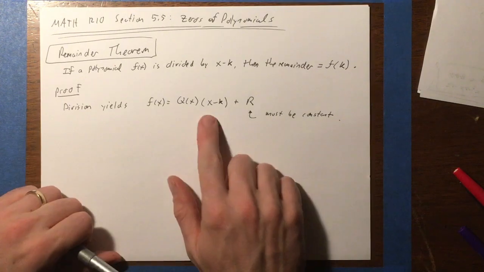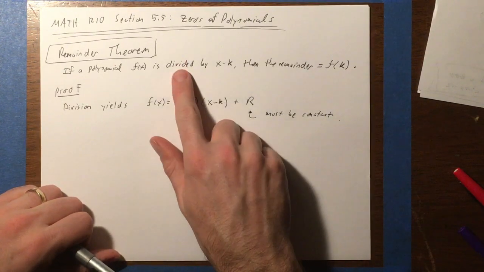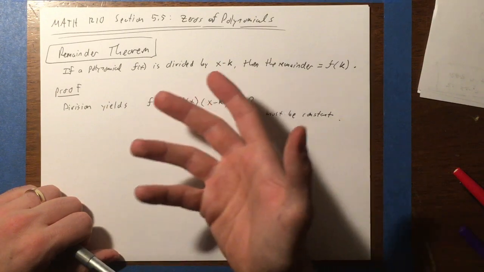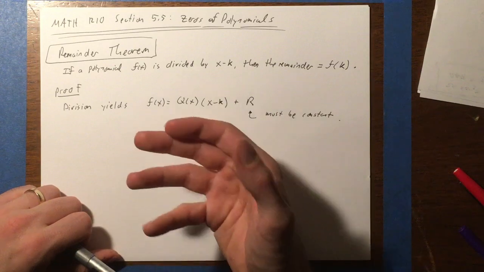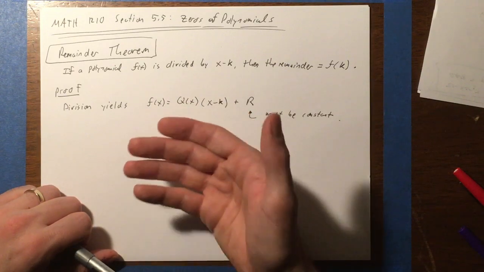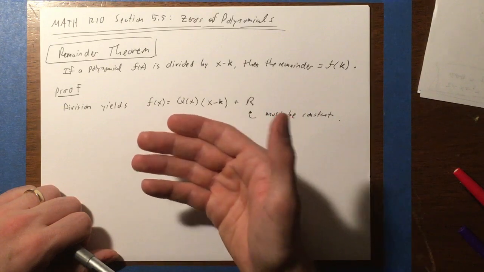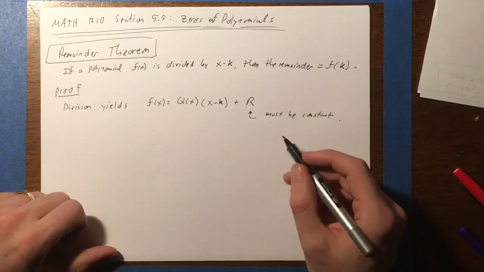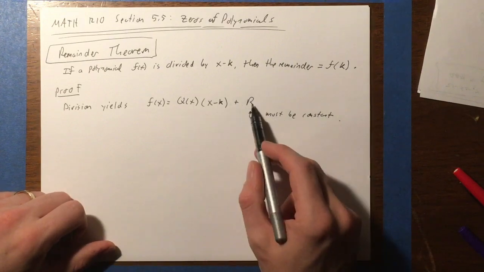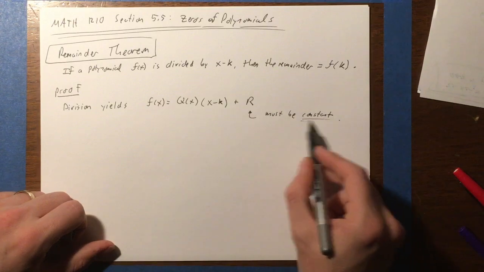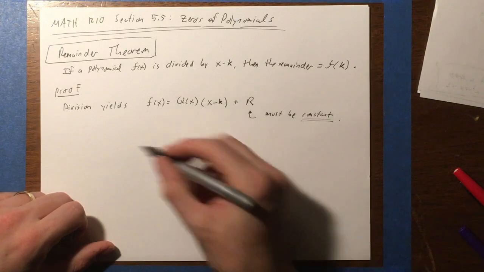So if our divisor is x minus k, that has degree 1. And the only type of polynomial with a degree less than 1 would be degree 0, which is constant. If the highest power of x is x to the power 0, that's a constant function. So that means that this remainder is just r. I'm not going to write r of x because it's not really dependent on x. It's constant.